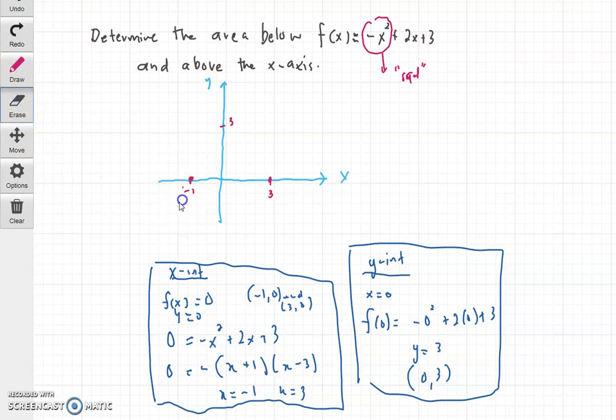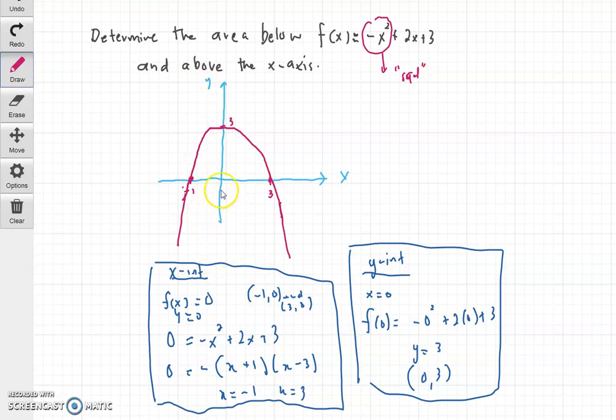Then we can just join these three points together. So this is your peak, and you can say that this is the graph of negative x squared plus 2x plus 3. You can continue it down to the most negative value that you can get for y.